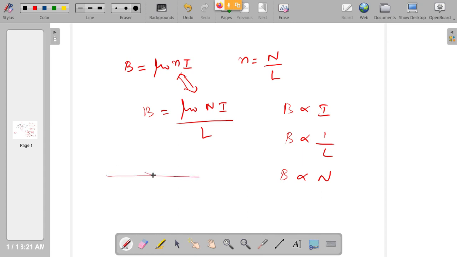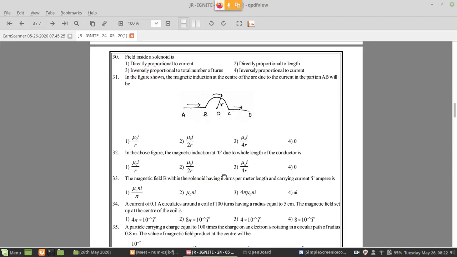Because if it is the current direction, magnetic field is curling around like this. So in a straight conductor, at this point, B is equal to 0 along the axis. So for that portion AB, the answer is 0. So choice is 4, 31st.